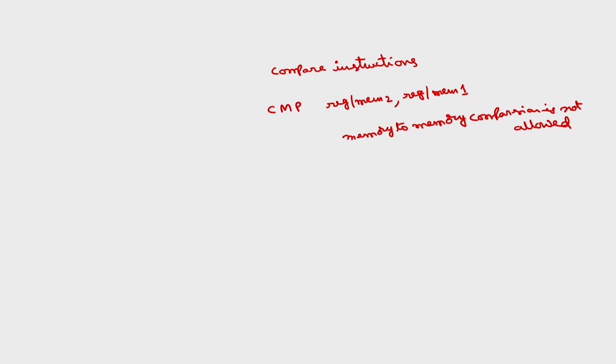Okay. So, the basic operation here is exactly similar to the subtraction operation. Register slash memory 2 contents will be subtracted from register slash memory 1. The only difference between this and subtraction is, in case of subtraction, the result will be stored back into the destination register or memory, whereas here the result is discarded.